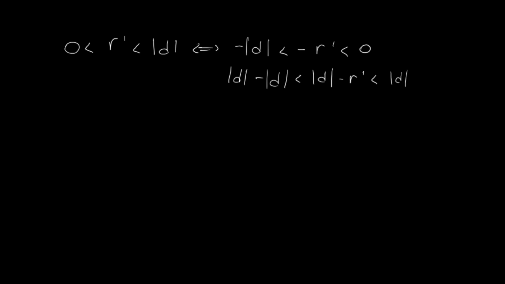And this term in the middle is the way we defined r. And this will be greater than the absolute value of d minus the absolute value of d, 0, and smaller than the absolute value of d, which is what we wanted to prove. Now we're only missing one proof, and it's the uniqueness.